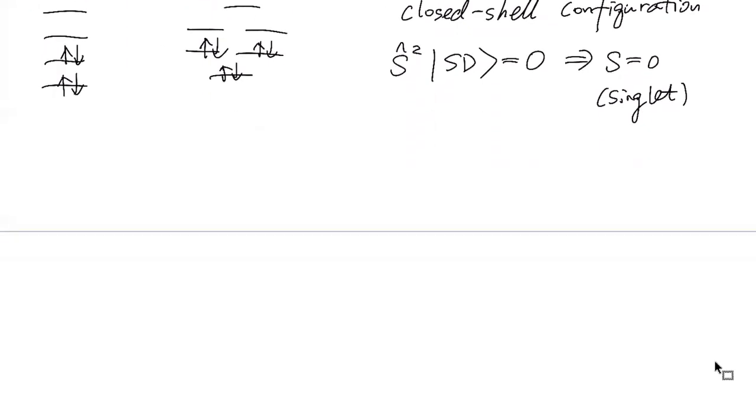On the other hand, if we consider, say, all singly occupied orbitals having the same spin, then this is the so-called high spin state. And for a high spin state, the Slater determinant is also an eigenfunction of S squared.